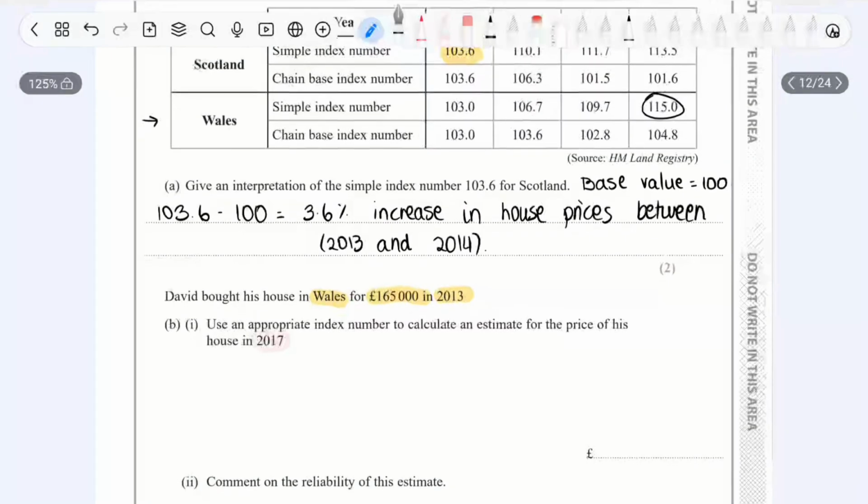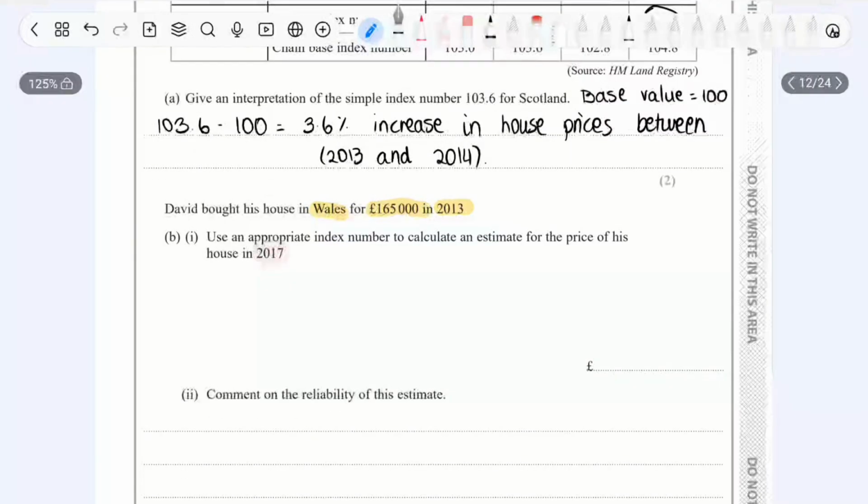However, how do you write that as a multiplier? If it's a 15% increase, and let's attribute that to the 115 index number, you can also write a 15% increase as 1.15 as your multiplier.